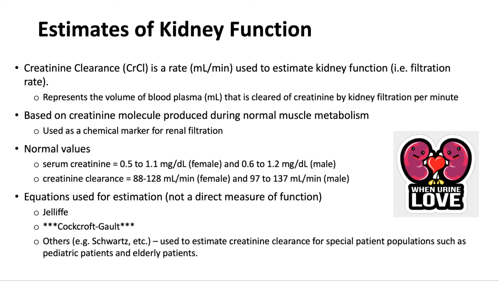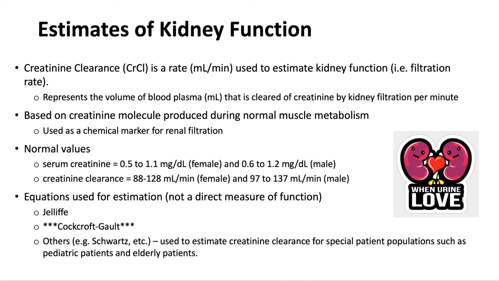But I do want to make sure, before I go into that, that between the Jelliffe and the Cockcroft-Gault formula, those aren't the only formulas used. And to be honest with you, it seems like there are more and more developed every year. There are ones like the Schwartz formula, which is used if you go to Children's Mercy, that's the formula you'd use more because it's more accurate in estimating renal function in pediatric patients.